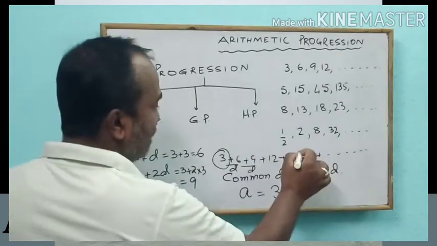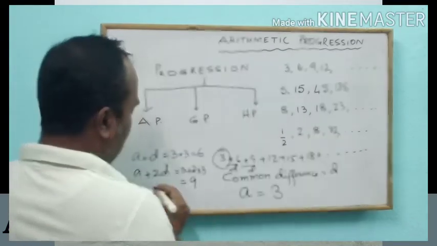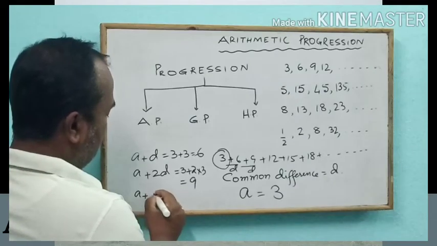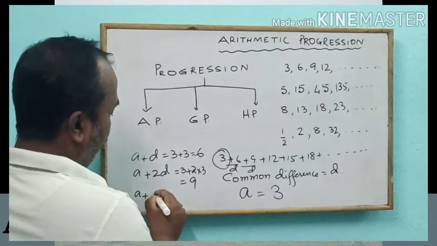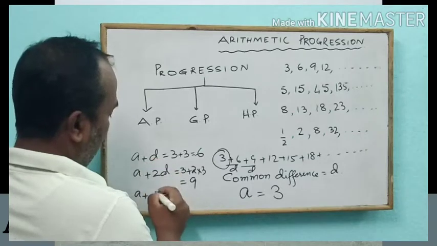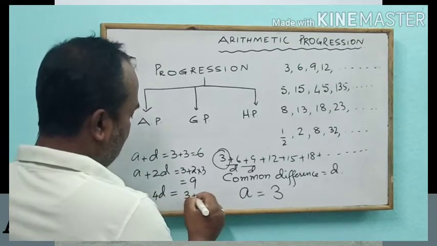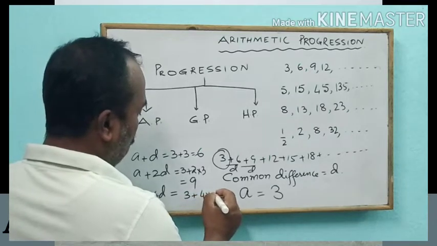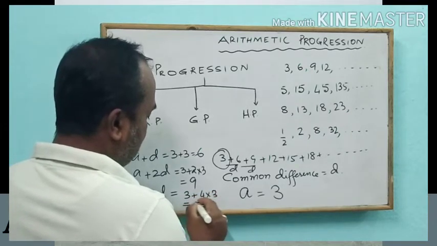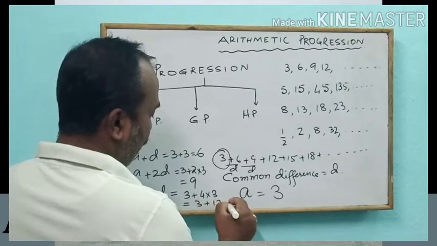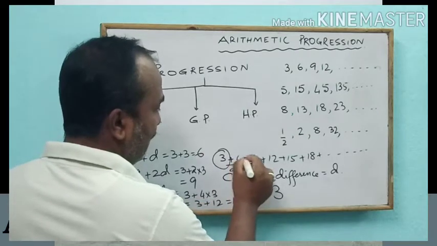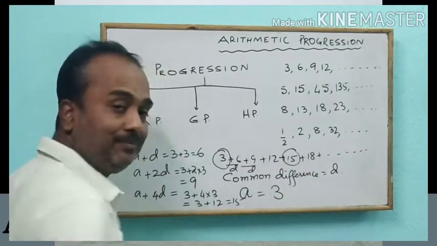If I want to jump and say what is the fifth number, that means A plus 4D, that means 3 plus 4 into 3, that is 3 plus 12, that is 15. First, second, third, fourth, fifth.